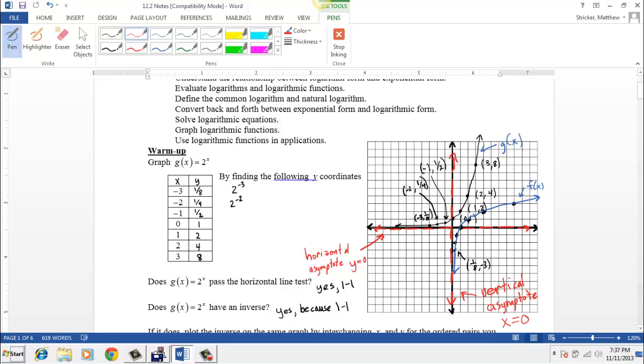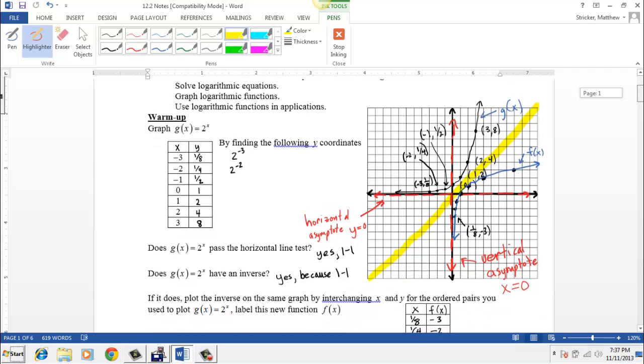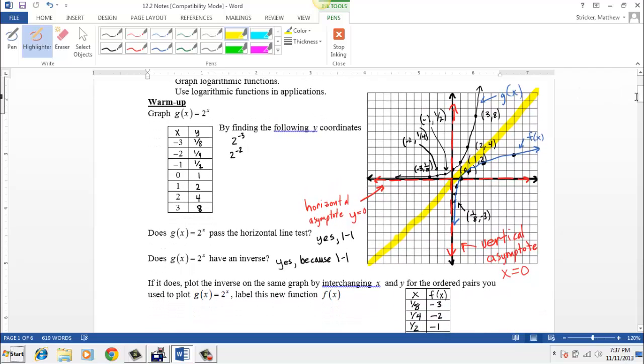And remember, we talked about that if we were to draw in a line here, if I draw that line, the function g of x and the function f of x are reflections of each other across that yellow line. That makes them what? What do we recall? It makes them inverse functions. We see this with all graphs of functions and their inverses.